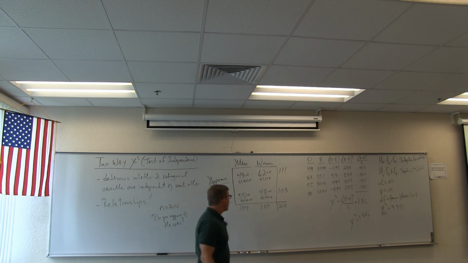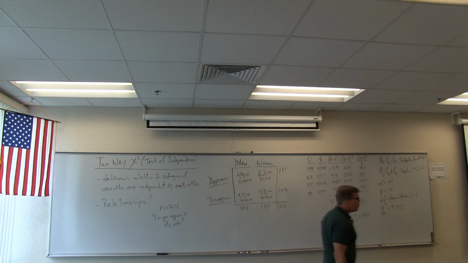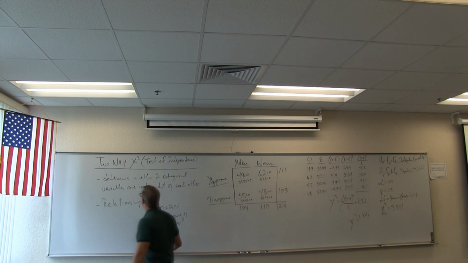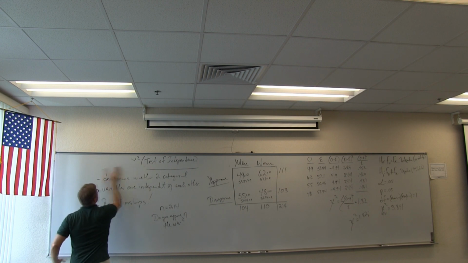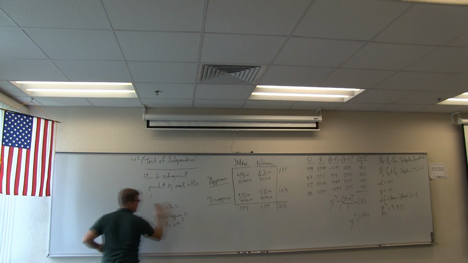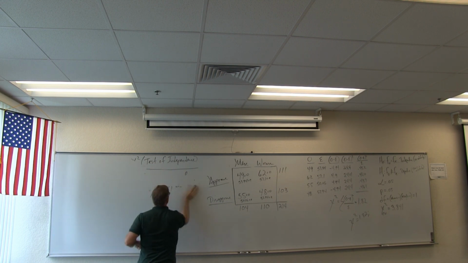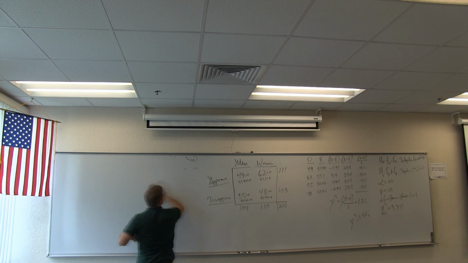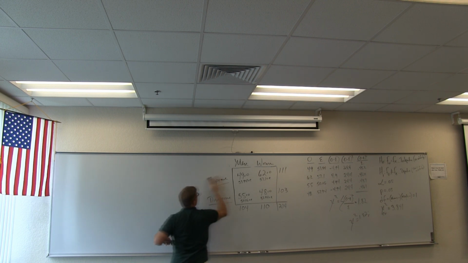The assumptions for the one-way ANOVA are the same as they are for the two independent sample t-test. And what are they?